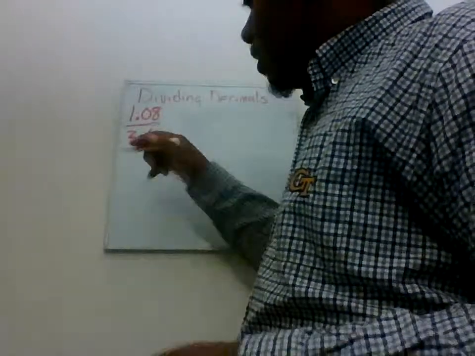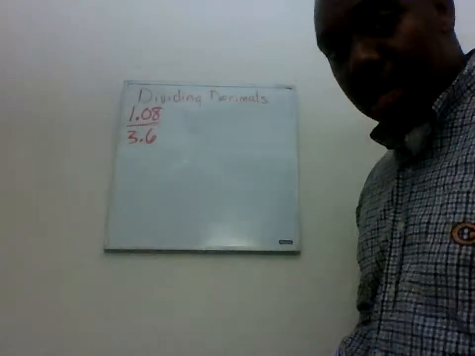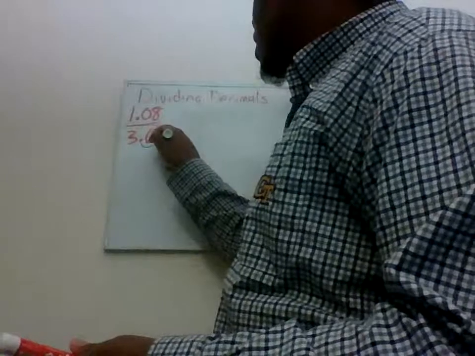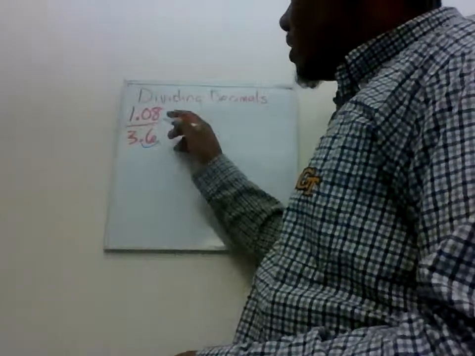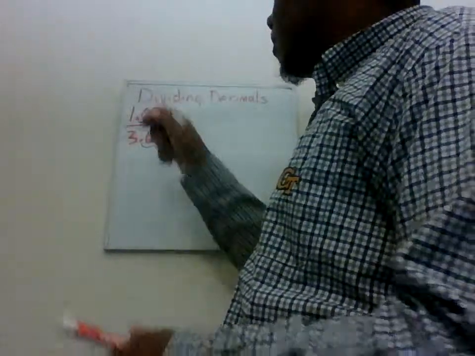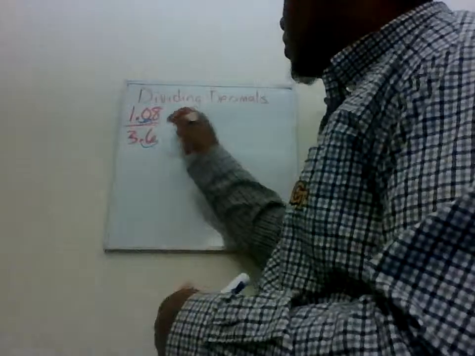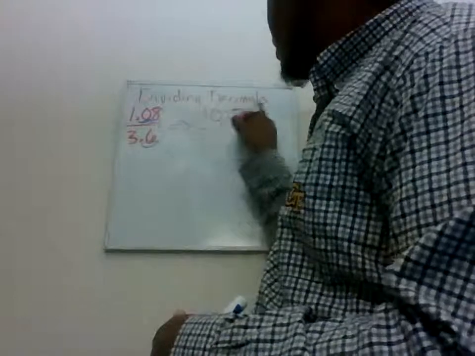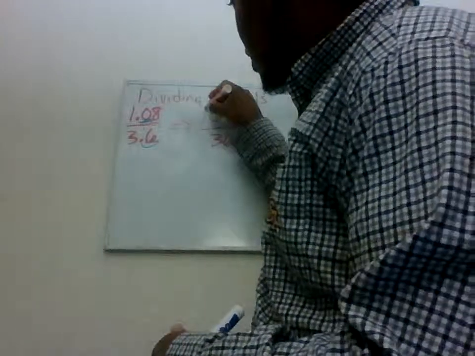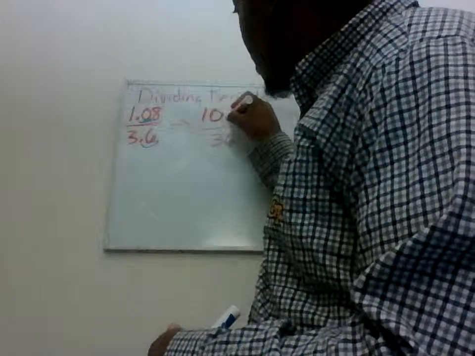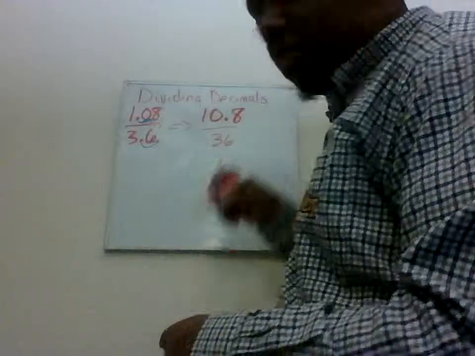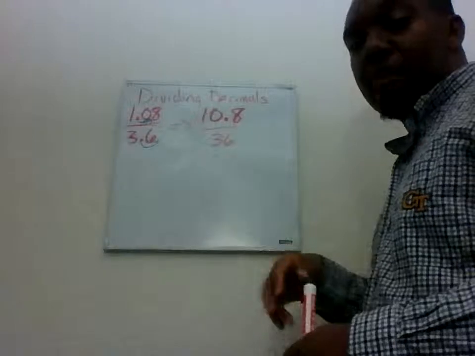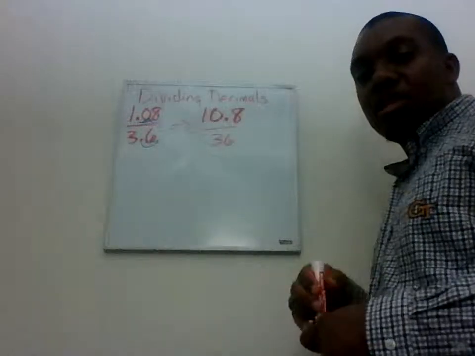By doing so, I can see that I moved the decimal to the right, so I need to do the exact same thing up top. This gives me 10.8 divided by 36. If you remember the denominator needs to be a whole number, and move your decimal so that happens, it makes dividing the top a lot easier.